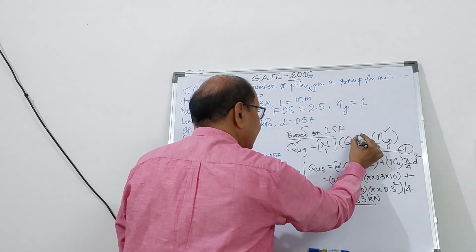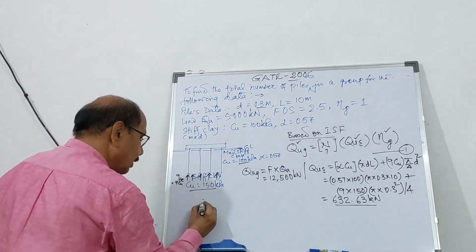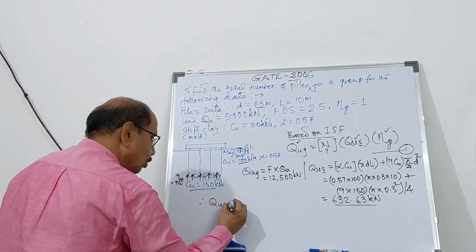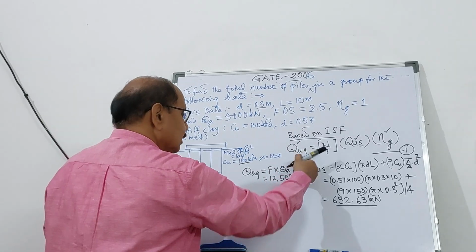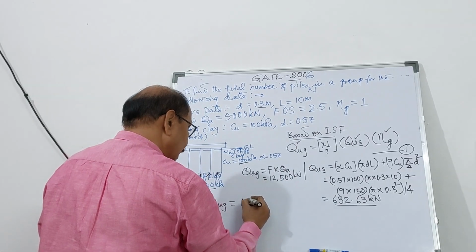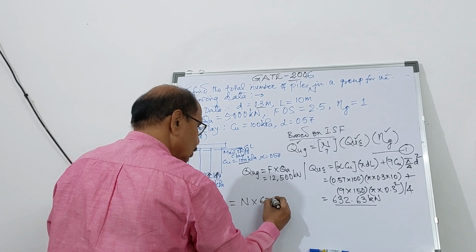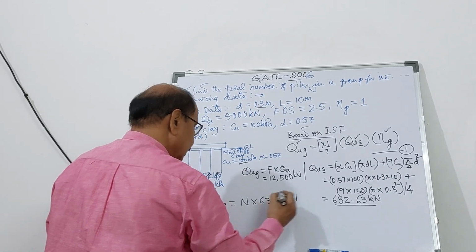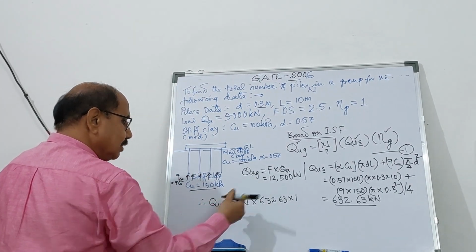So this value I have calculated. Therefore, the ultimate load carrying capacity of the pile group is equal to the number of piles, which I want to find out, multiplied by 632.63 into 1. Now QUG is already 12,500.